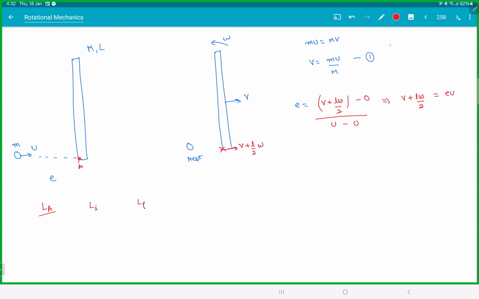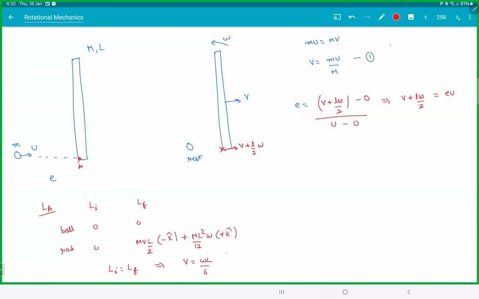L initial, L final, the ball and the rod. Initially 0, finally 0. Initially the rod is 0, finally MVL by 2 minus k cap plus ML square by 12 omega k cap. So this also has to be 0. This gives me V is equal to omega L by 6.